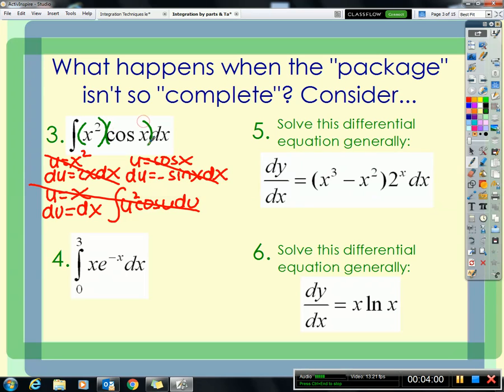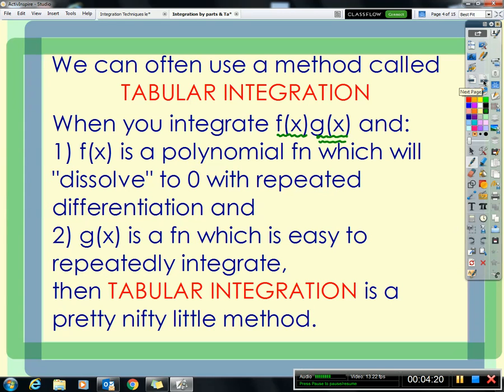On number 4, f of x is x, g of x is e to the negative x. On number 5, f of x is x cubed minus x squared, and g of x is 2 to the x. On number 6, f of x is x, and g of x is going to be ln of x. So far, all 4 of the weird problems I've shown you do fit this f of x times g of x model.